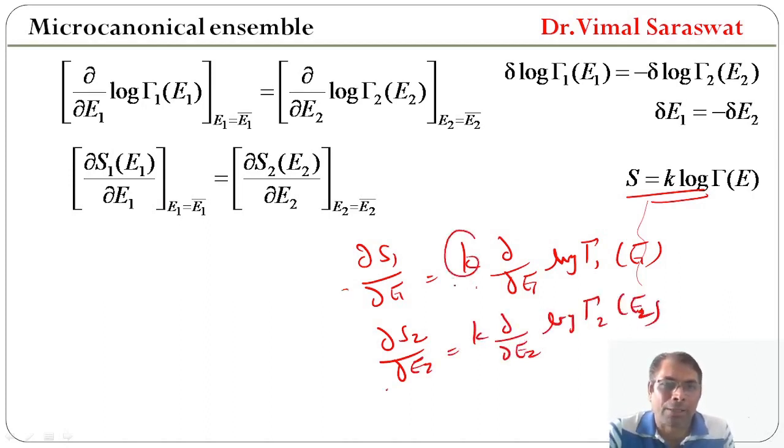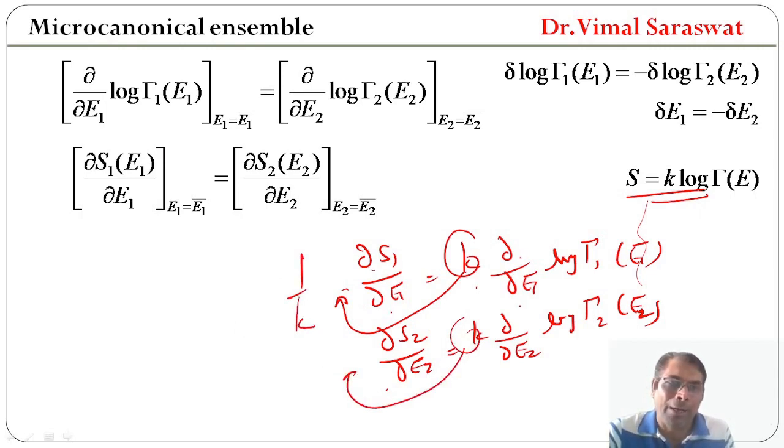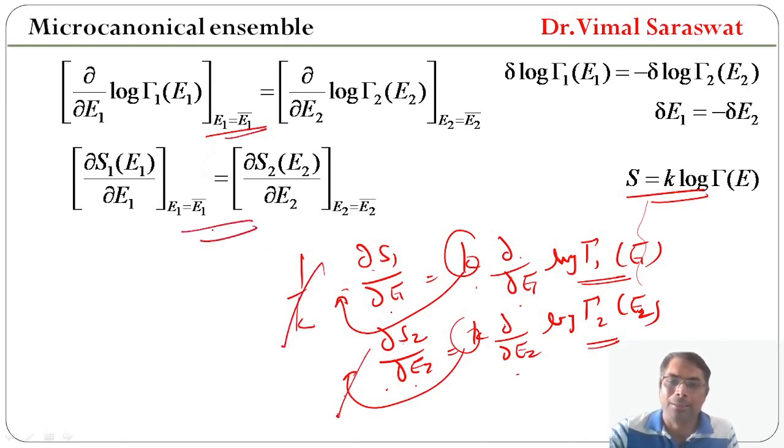Now we transfer this k from here to here, and also this k from here to here. It means 1/k ∂S1/∂E1 equal to ∂/∂E1 of log γ1(E1), and 1/k ∂S2/∂E2 equal to ∂/∂E2 of log γ2(E2), which is written here. Now 1/k and 1/k will be cancelled out, and we get this result.